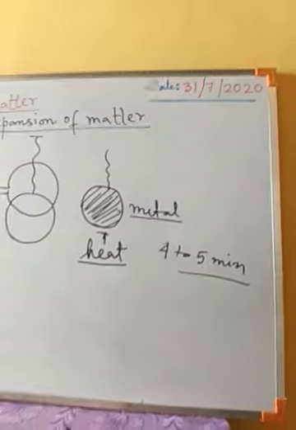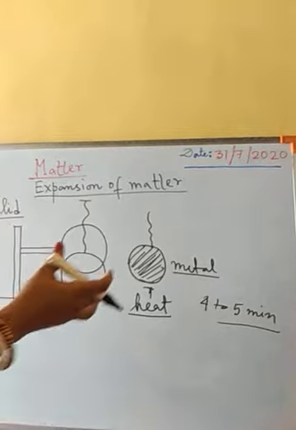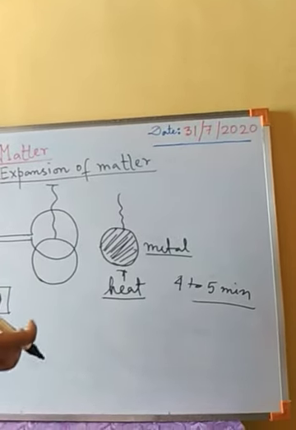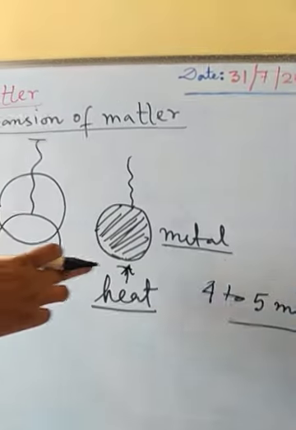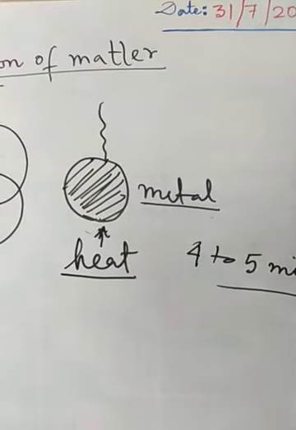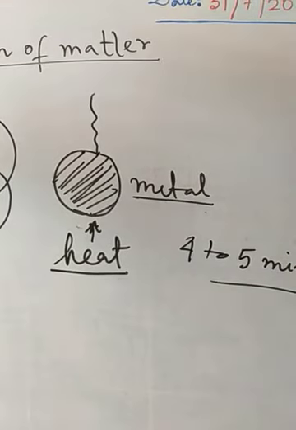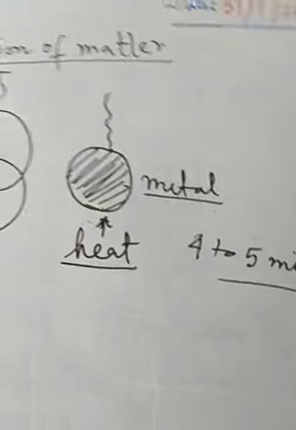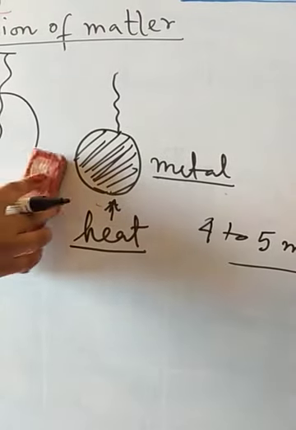Now because of heating, the metallic sphere will expand. After the heating process, without wasting time, we will pass this heated metallic sphere through the ring. Now we are going to see that it will not pass through the ring.